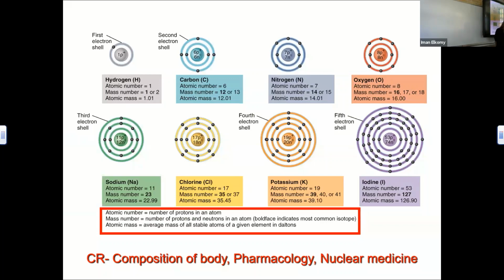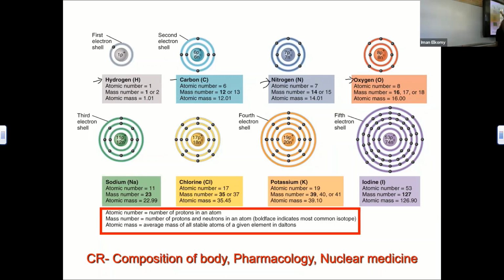Okay, so what we're looking at here on the slide are some elements that are found in our bodies, some important ones. Things like hydrogen up here, we got hydrogen, carbon, nitrogen, oxygen. Those are the majority of our body.